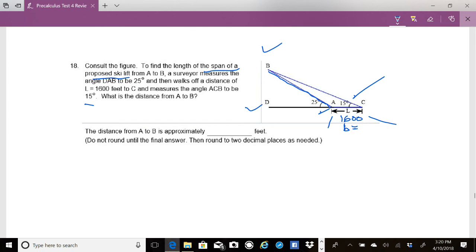We have A is equal to 180 degrees minus 25 degrees, equal 155 degrees.